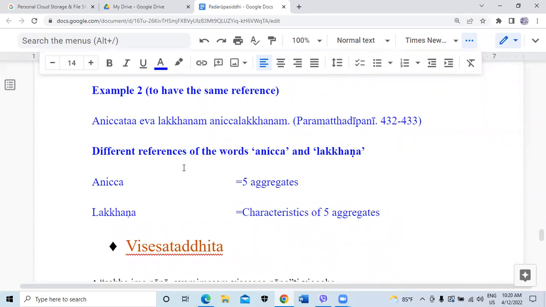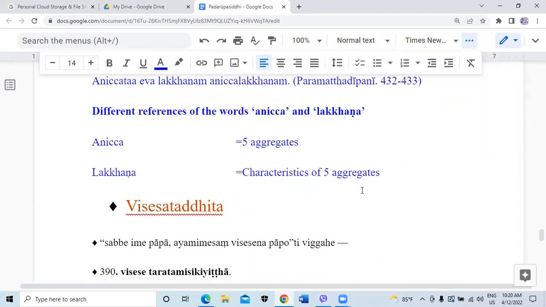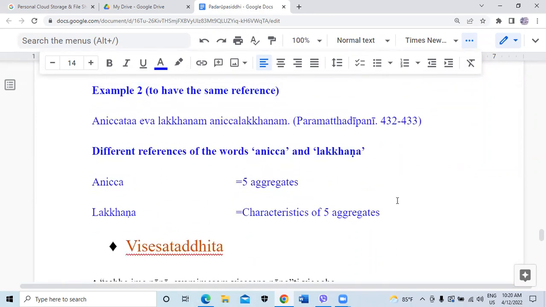The lakkhana is the characteristics of the five aggregates. In a sense, we have to understand it like this. Whose characteristics?